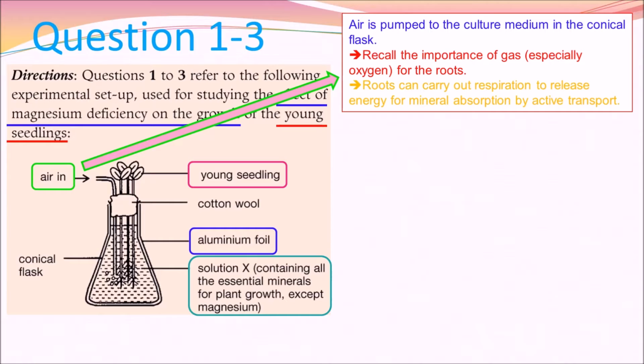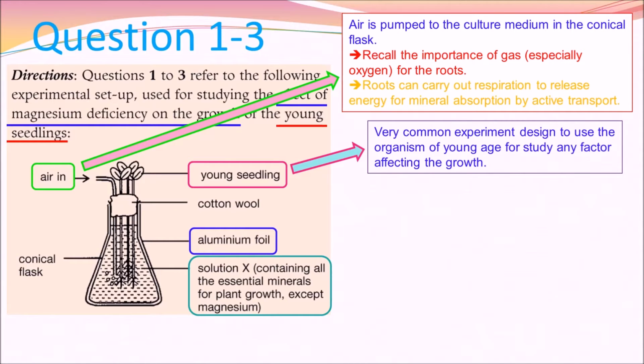Technically, the fresh air contains oxygen for the root, because the root can carry out respiration to release energy to absorb minerals by active transport. You can recall that active transport is an energy-required process. So if we input some air into the culture solution, solution X in this experiment, we can ensure that the root is able to absorb the minerals.